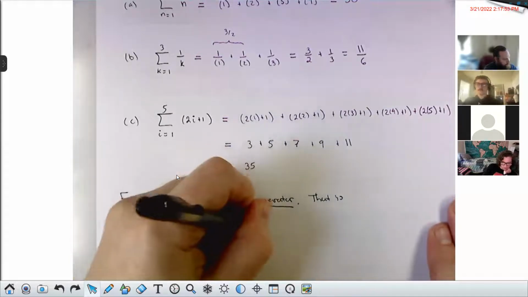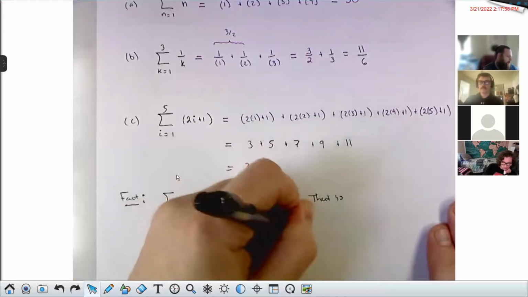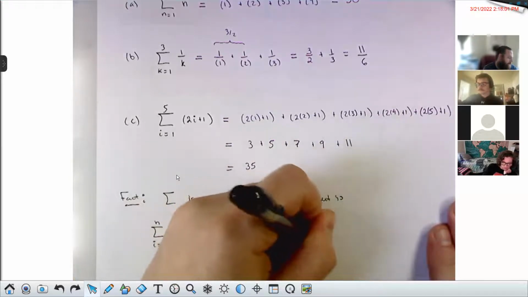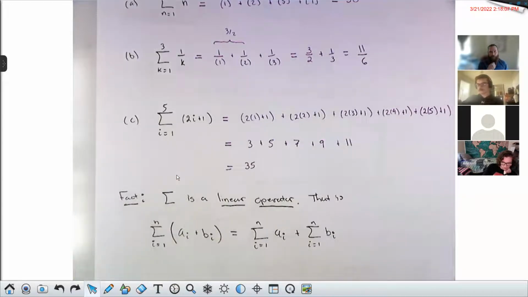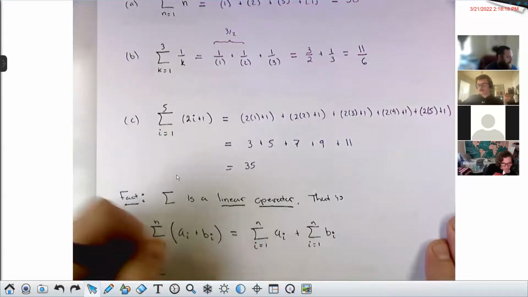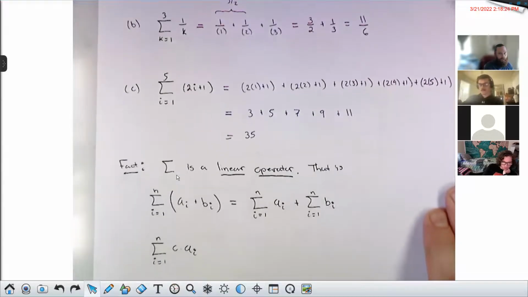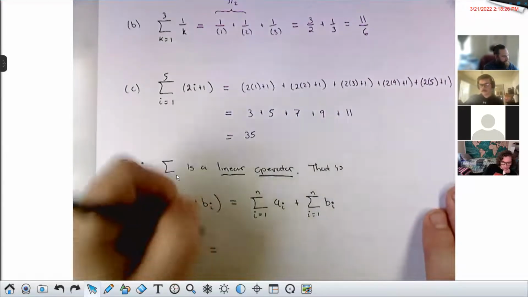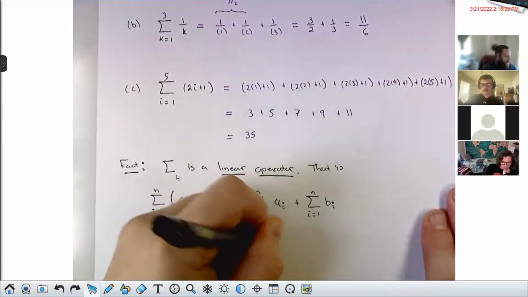This is equal to sigma i from 1 to n of a sub i plus sigma i from 1 to n of b sub i. So you can split up the sigma over addition. And the other one, if you have sigma i from 1 to n of some constant times a sub i, this constant can pop out. That's c times sigma i from 1 to n of a sub i.